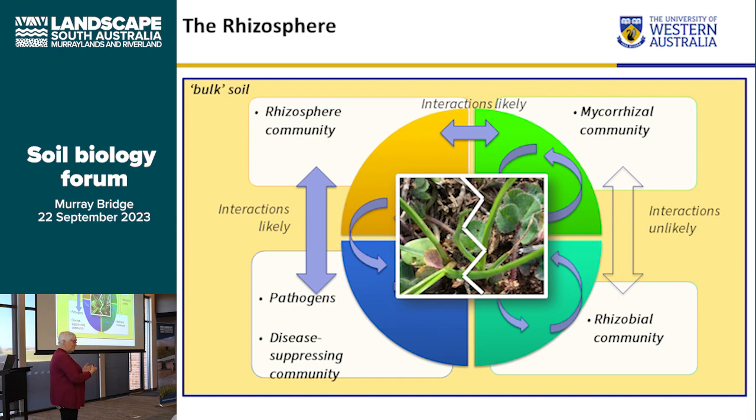So over time, if there's no roots to colonise, then you don't build up the numbers to carry over to the next plant. If you've got a pasture with a diverse community of plants, you'll have a diverse community of mycorrhizal fungi colonising those, and you'll maintain the numbers because you've got a lot of roots and it's continuous over time.